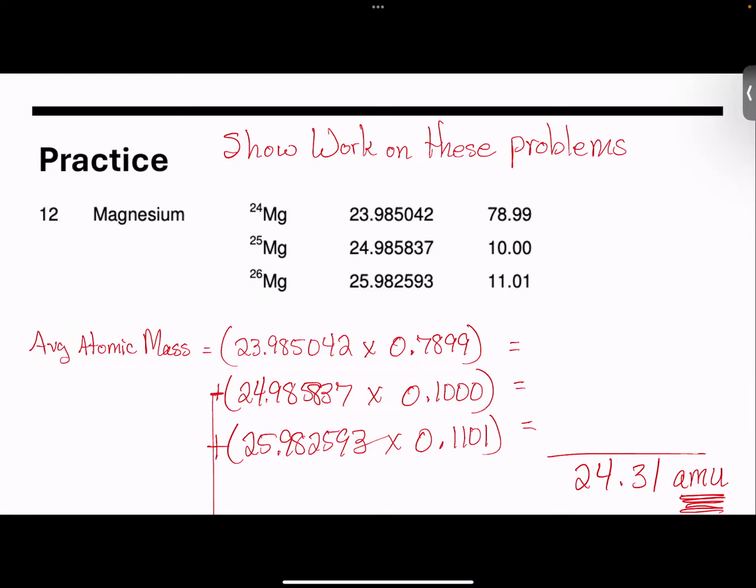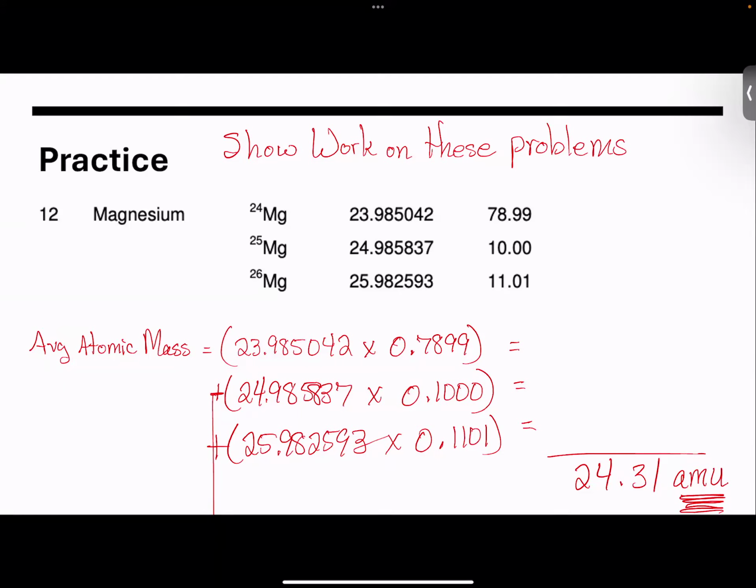Then you key this into the calculator. Again, it's their mass times the abundance, and we take the sum over all naturally occurring isotopes. You get a mass of 24.31. One thing I have not mentioned that is important is that the unit here is atomic mass unit, AMU.